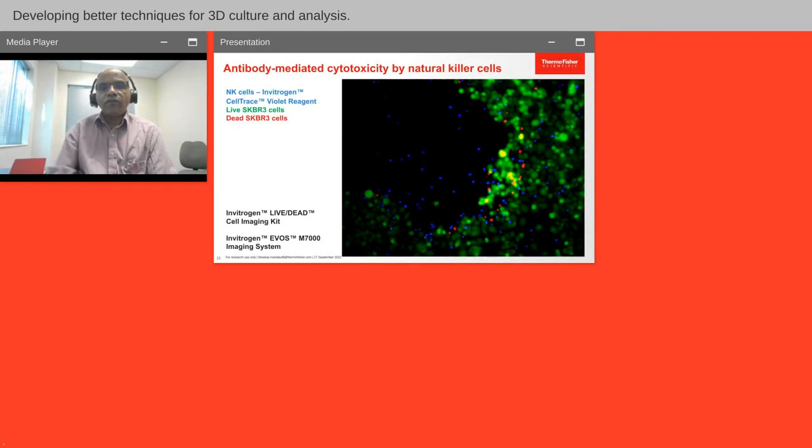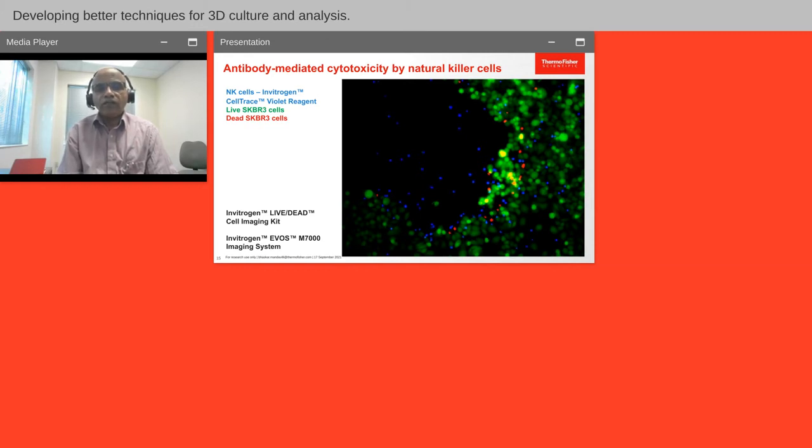Here is an example where there is antibody-mediated cytotoxicity. These are SKBR3 spheroids. As you can see here, natural killer cells are added to the SKBR3 spheroids. The NK cells are stained with CellTrace Violet reagent for 30 minutes, the reagent is washed off, and then they are added to the spheroids and left for 6 hours.